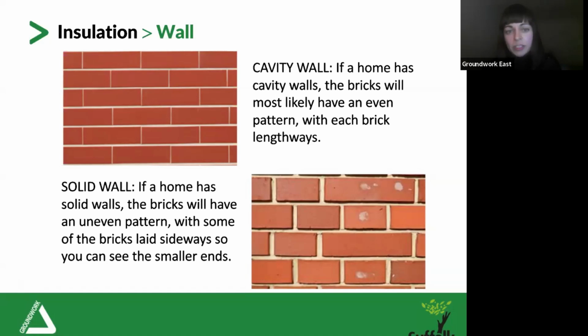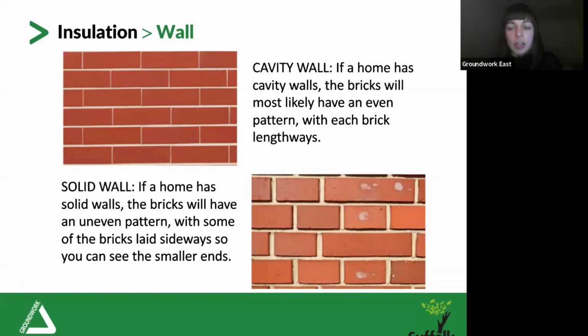Another way of telling cavity walls is in this picture of the bricks at the bottom. Can you see those little splodges? This can indicate that there have been drill marks in the walls at some point, and they may already have had cavity wall insulation retrofitted.